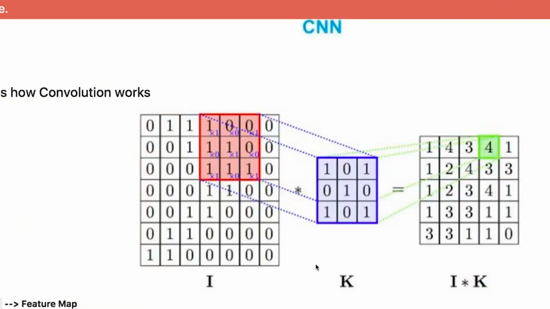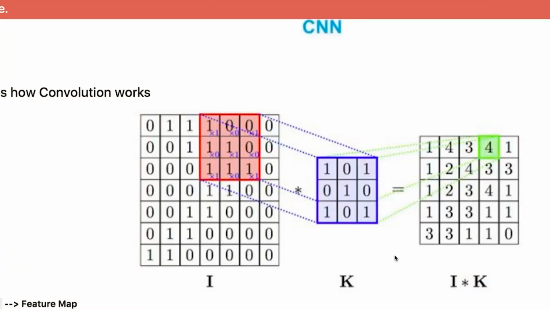The formula is very simple: size of input minus size of kernel, plus 1. Let's do it properly.